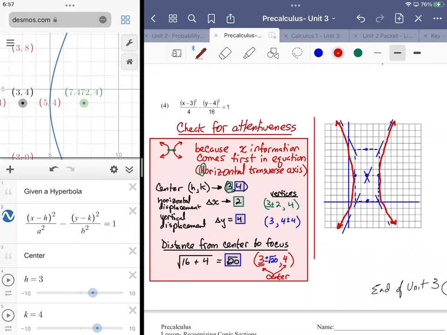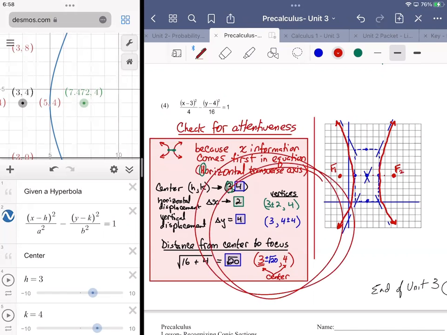So 1, 2, 3, 4, and change, that would be one focus value. And then 1, 2, 3, 4, and change, that would be another focus value. One of them you'll call F1, and the other I'll call F2. As long as you have the coordinates indicated somewhere, you're good.